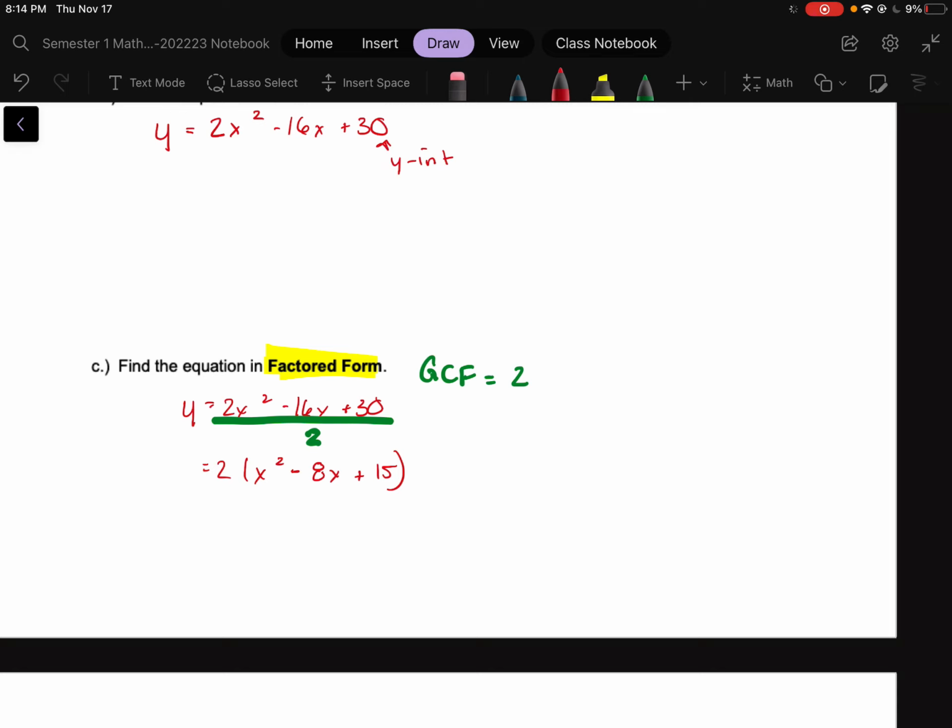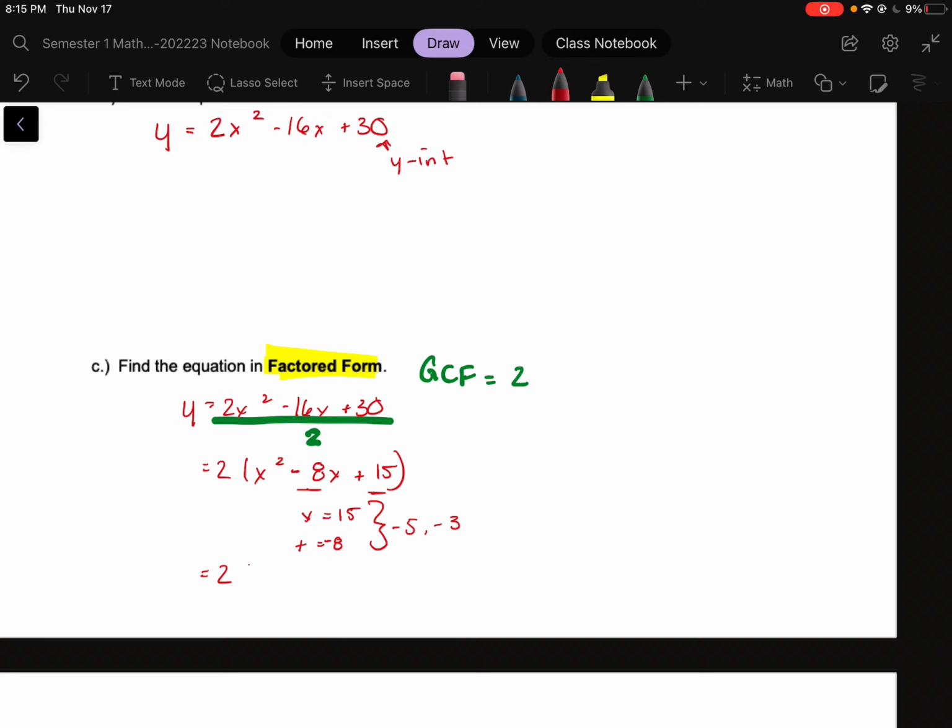And then from there, we need to find our b and c values. We need two numbers that multiply to 15 and add to -8. The two numbers are -5 and -3.